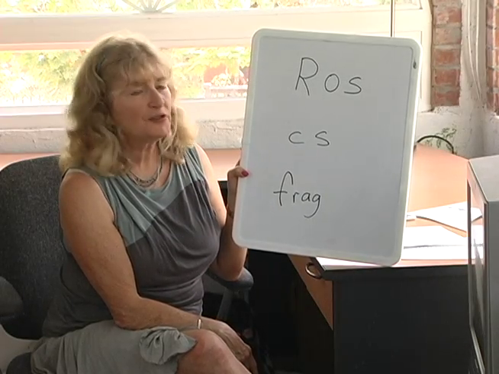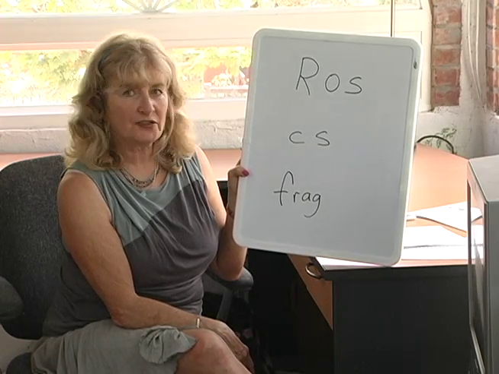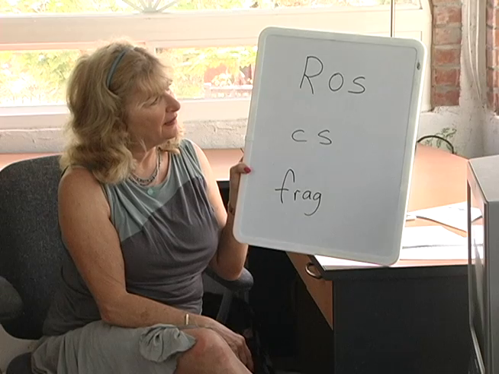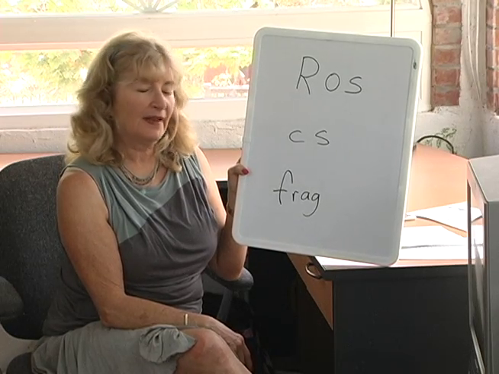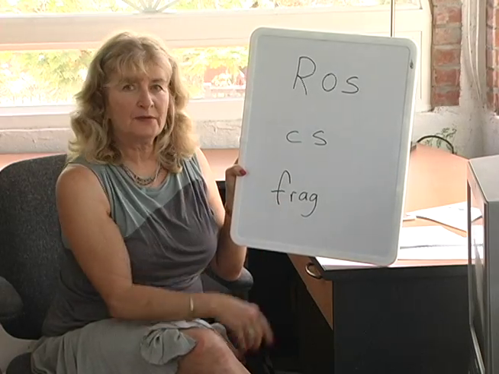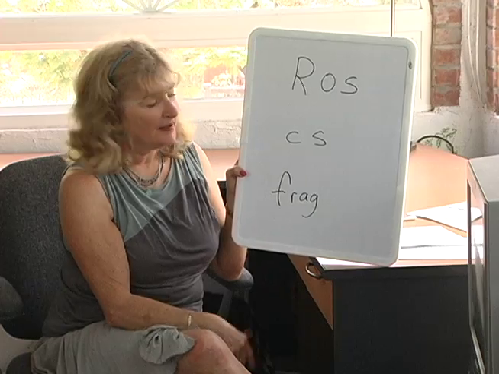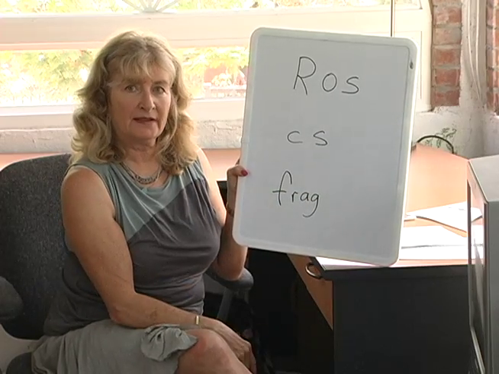Now by the time students get into an English 1A, English composition class, these are 3 little symbols you don't want to see on your paper. They all have to do with sentence structure. ROS means run-on sentence. CS is a comma splice, which is a type of run-on sentence.